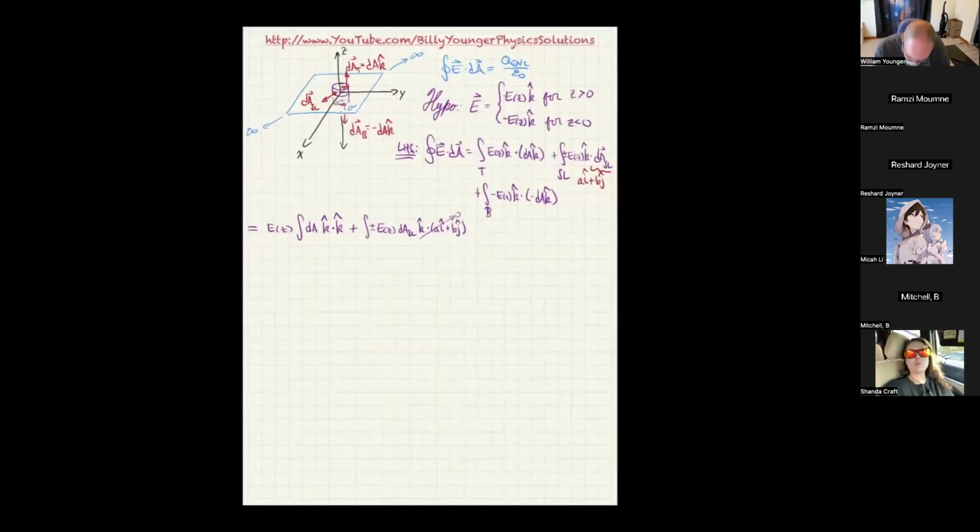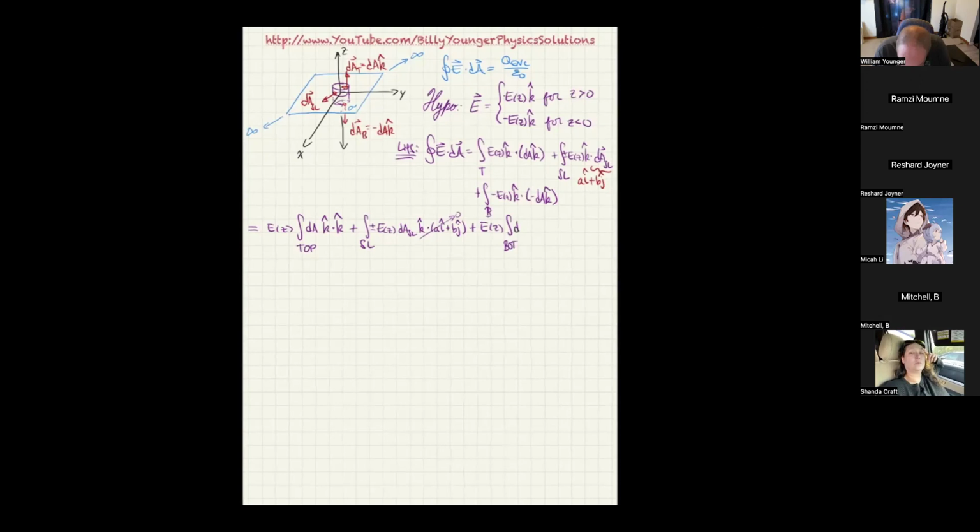Now I continue on with the bottom part. So I'll say plus E of Z. Notice I had a minus E of Z K hat and a minus dA K hat. So those two minuses canceled each other out. I should put a T here for top soup label for that one. And now I'm going to have BOT for bottom.